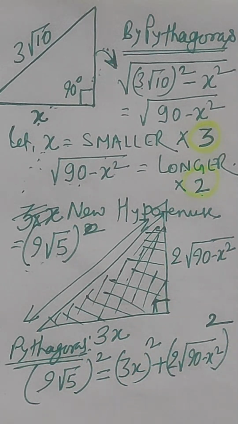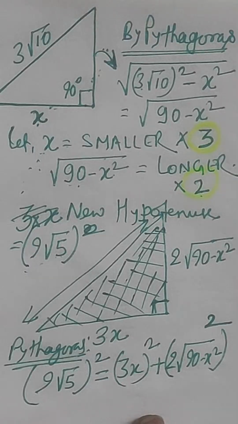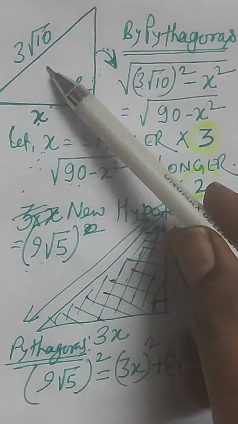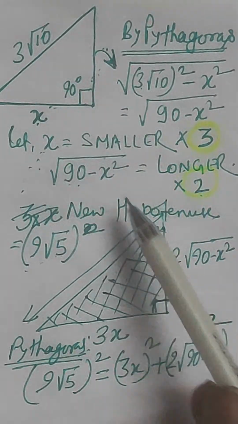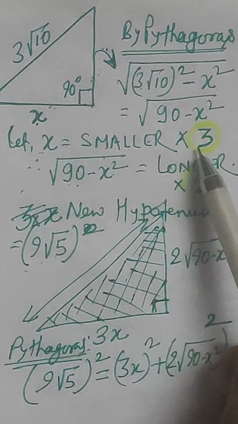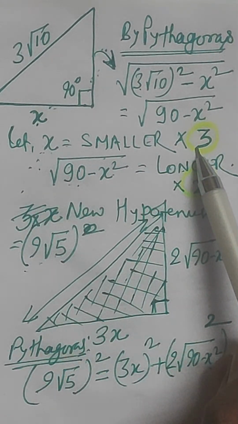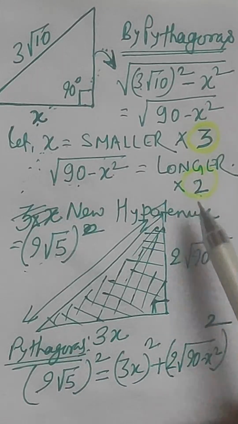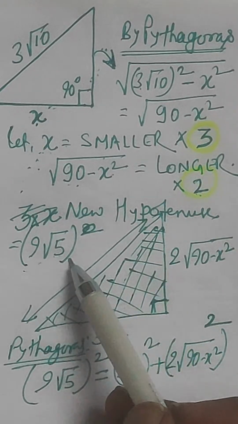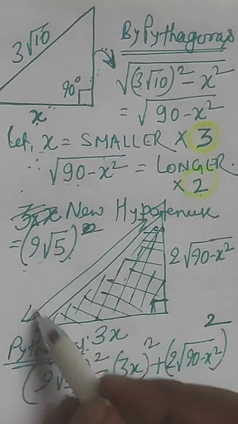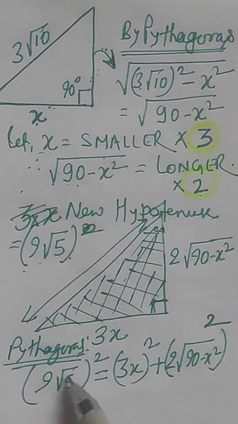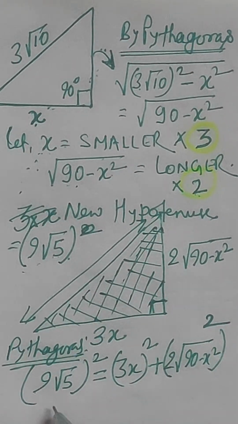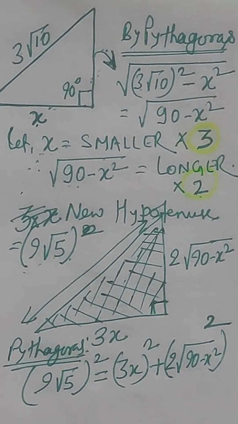So let me read out the question. The hypotenuse of a right angle triangle is 3 root 10. If the smaller leg x is tripled and the longer leg is doubled, then the new hypotenuse will be 9 root 5. So when this new triangle is formed, we apply the Pythagoras again and solve it.